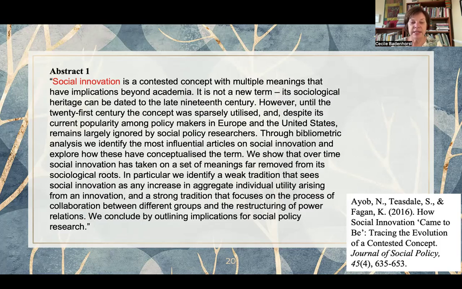In particular, we identify a weak tradition that sees social innovation as any increase in aggregate individual utility arising from an innovation, and a strong tradition that focuses on the process of collaboration between different groups and the restructuring of power relations. We conclude by outlining implications for social policy research.